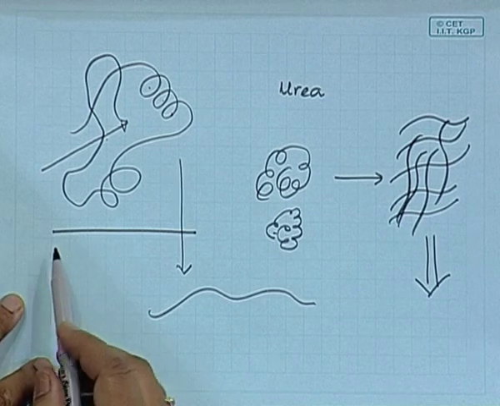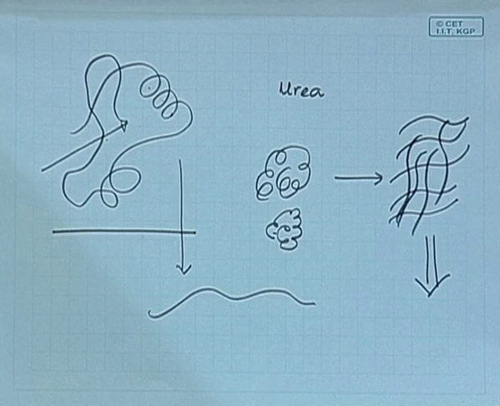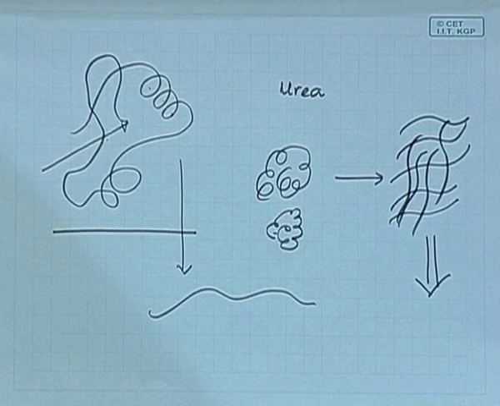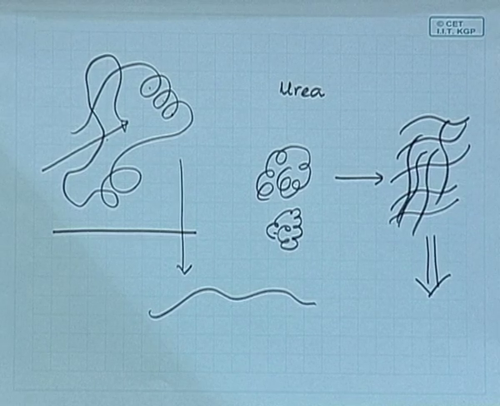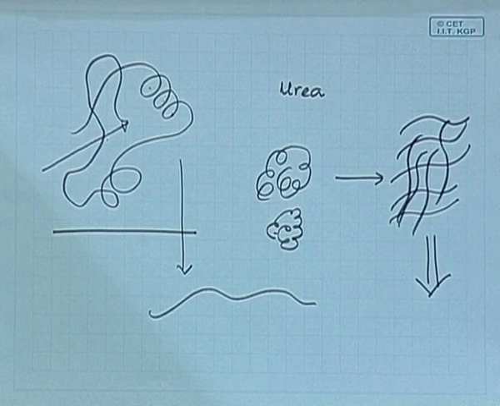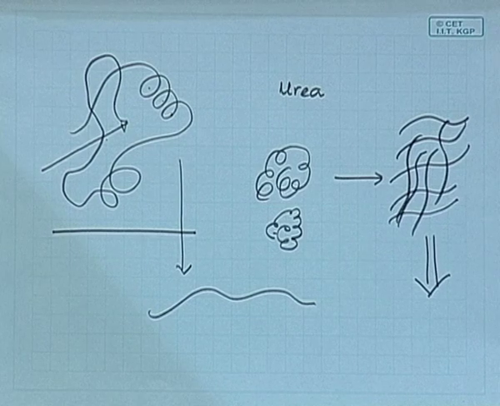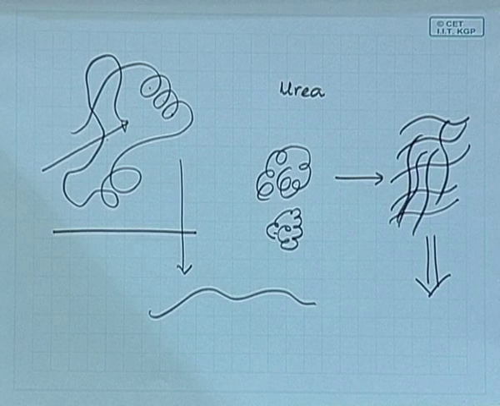Okay? So, if we go back here, essentially what we are doing in protein denaturation is we are disrupting all the interactions that were possible. What were these interactions? Hydrogen bonding, van der Waals interactions, and ionic interactions. What can we denature proteins by? By increasing the temperature.